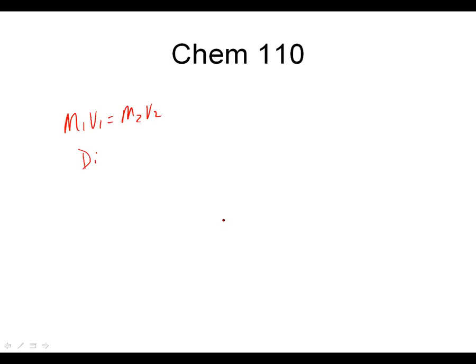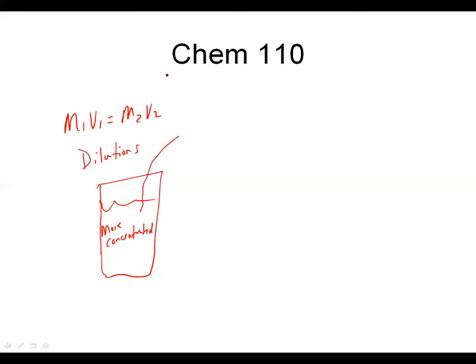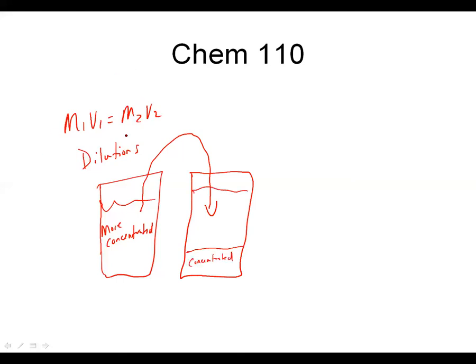That is when you take a solution that's more concentrated, take a little bit of that solution out and put it into a new container, then add something like water to it. When you do that, that's going to give you a diluted solution.